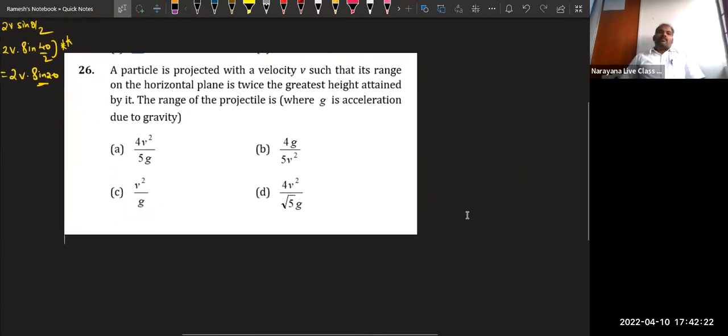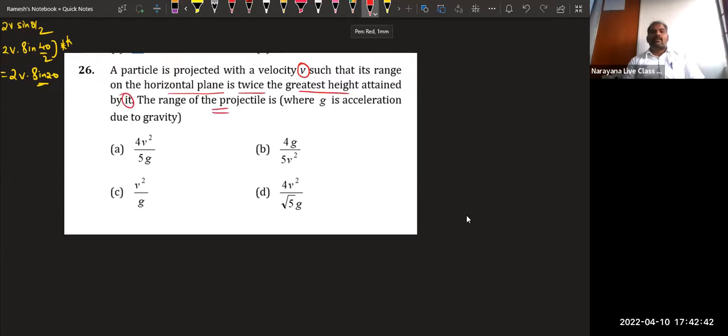A particle is projected with a velocity v meters per second such that its range on the horizontal plane is twice the greatest height attained by it. Then what is the range of the projectile? I will give you a hint. You projected with what velocity? V velocity. This is the ground now. What is the angle of projection? Theta.